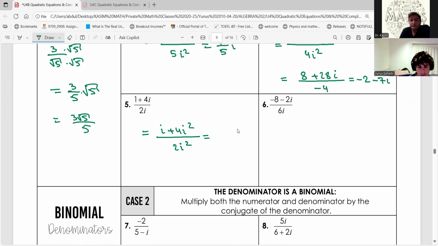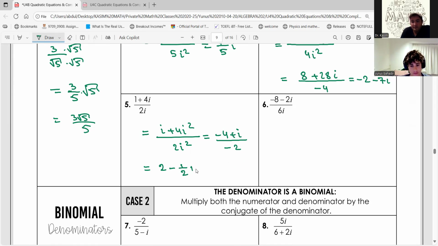So 4i squared is -4, right? Plus i, divided by -2. Now -4 divided by -2 is 2, and plus i divided by -2 is minus 1 over 2i.